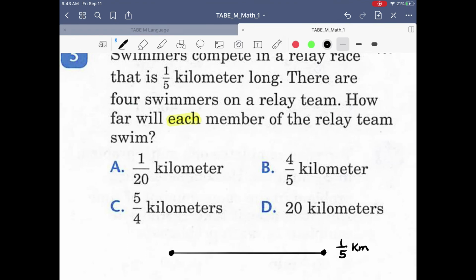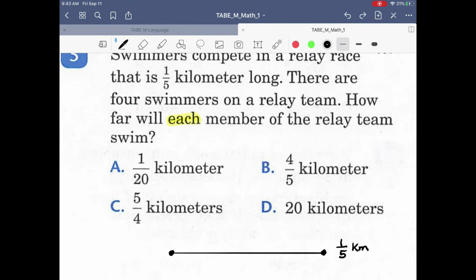So I would run for a certain amount, then the next person in line would run for a certain amount, or swim in this case. So relay races have teams, and each person on the team does an equal amount of the work. So what we're doing, we're dividing up this 1/5 4 ways, and pretend that those are equal.